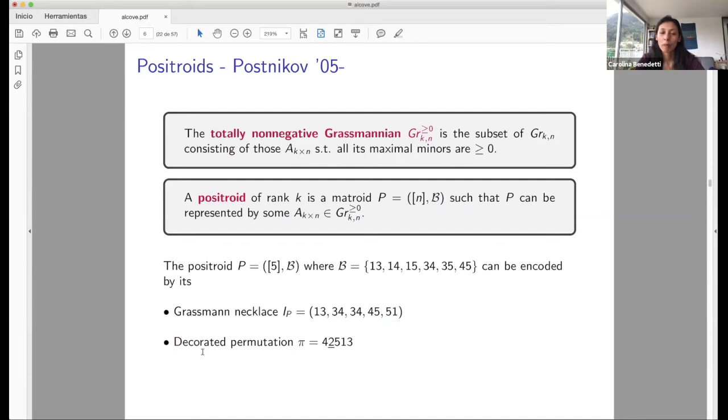The decoration comes from the fact that when my permutation has a fixed point, that fixed point is colored with an underline or an overline. If you're familiar with the language of matroids, underline means you have a loop, overline means you have a co-loop. And in this case, 2 is a loop because it does not show up in any basis. And there are many more combinatorial objects that allow you to think of positroids.